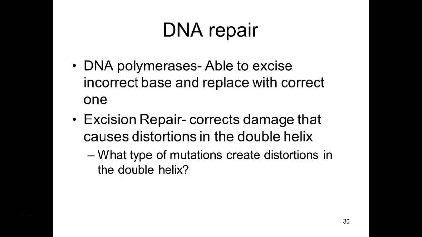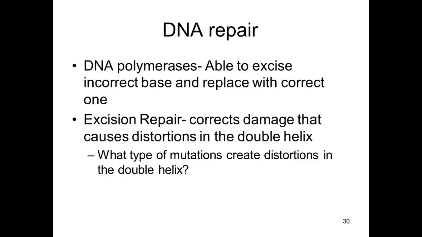Now there's one I talked about way back, base substitutions, that could cause a distortion. It has a particular name, but in general, what could go wrong with base substitutions? Why would that cause a distortion, where the structure isn't perfect?